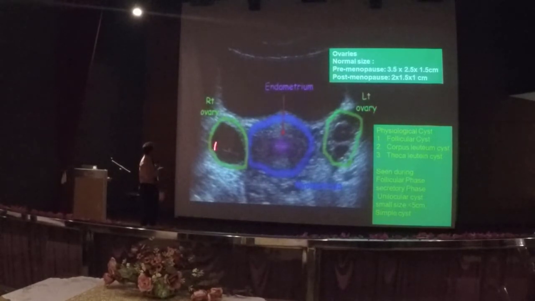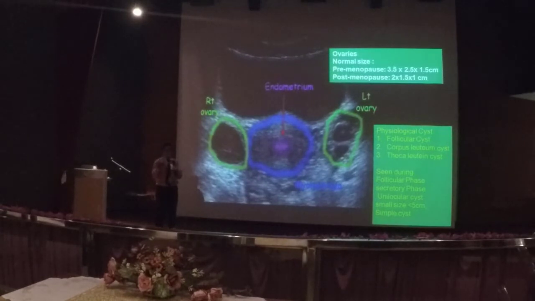So same also the ovary and uterus in the axial view. Then look at the ovary, normally its size in pre-menopause is about 3.5 cm, and post-menopause is smaller than that. Then bear in mind, some normal ultrasound can have a cyst, we call it a functional cyst, also known as a physiological cyst. Physiological cyst can be a follicular cyst, before it ovulates and releases the egg, we call it a follicular cyst.